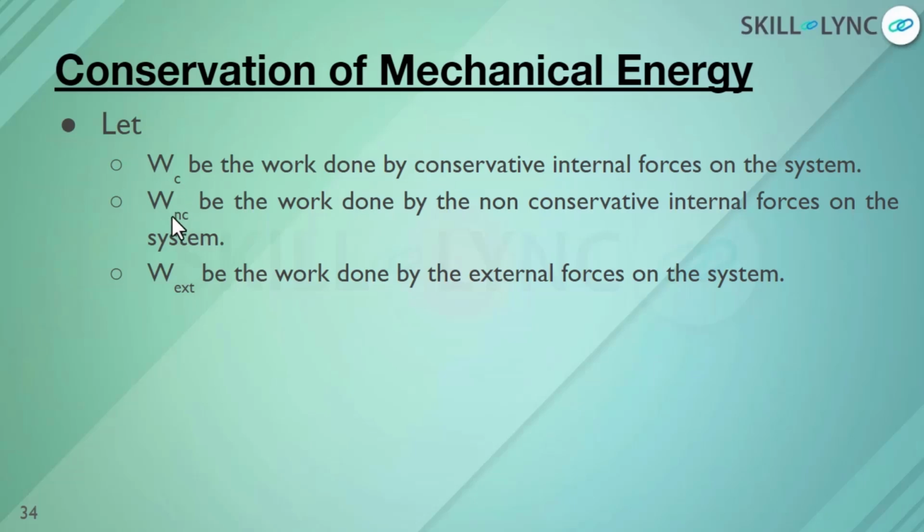C is for conservative and NC is for non-conservative. So WC is work done by conservative internal forces, WNC is work done by non-conservative internal forces, and WEXT is the work done by the external forces on the system.